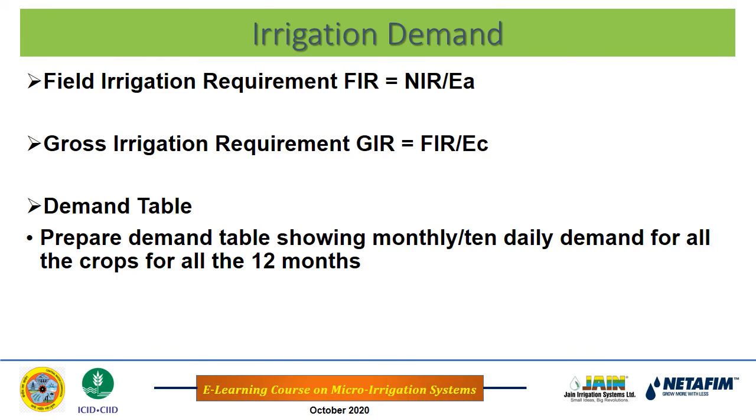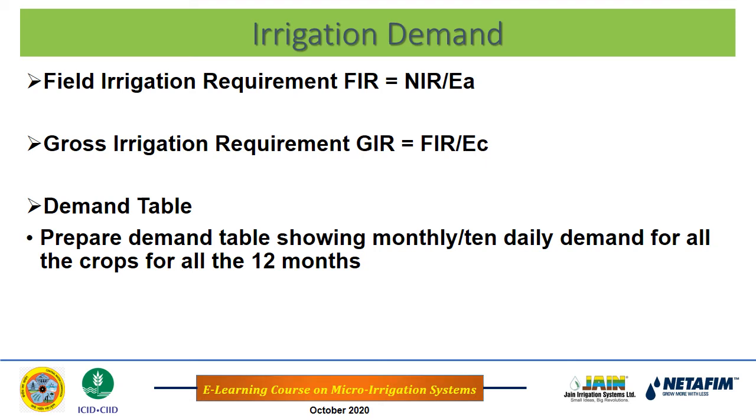Now field irrigation requirements are worked out by dividing net irrigation requirement by field application efficiencies, and gross irrigation requirements are worked out by dividing field irrigation requirements by conveyance efficiencies.